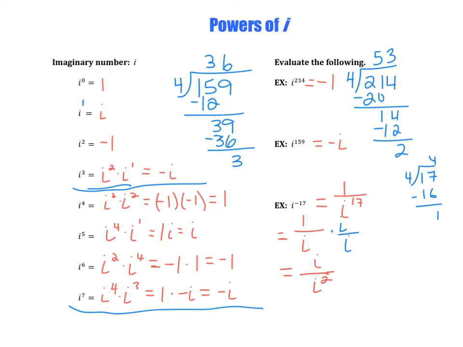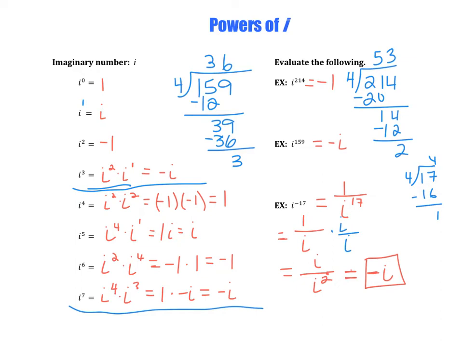And we know that i squared is equal to negative 1, so my final answer is negative i. Again, do not leave any imaginary components in the denominator; make sure you rationalize them. It's okay to have an i in your answer, but do not leave an i squared in your answer. Your i squared can be replaced with a negative 1, and then you can keep simplifying.